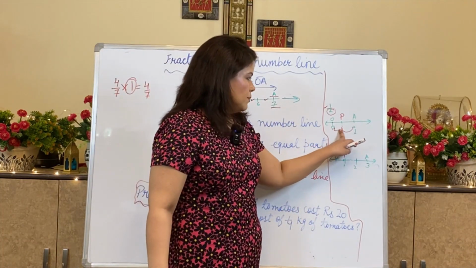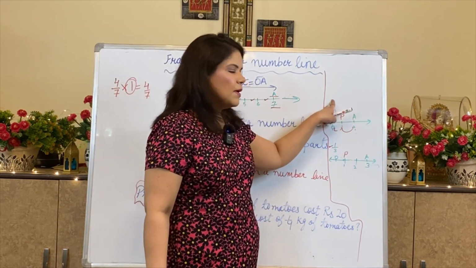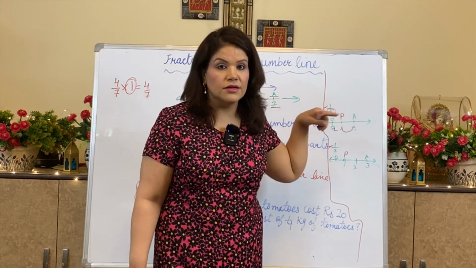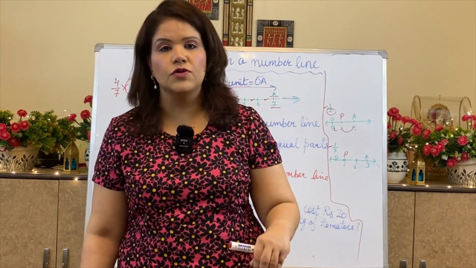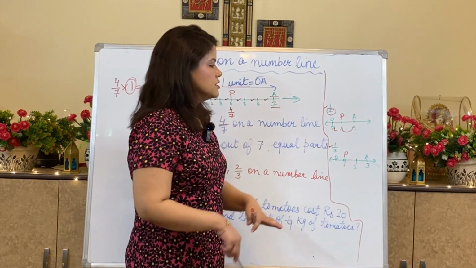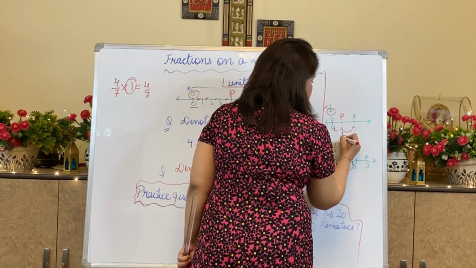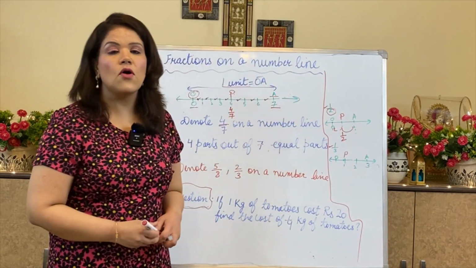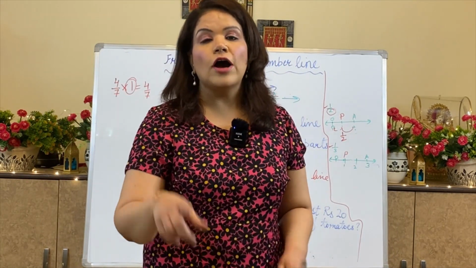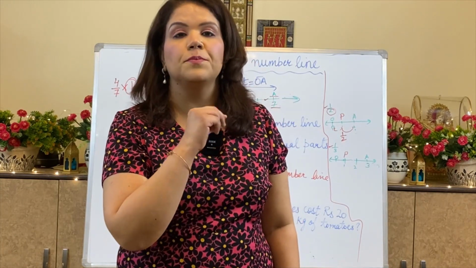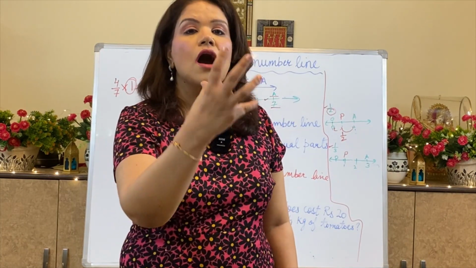So this will be 1 part, this will be 2 parts. How many parts should I take? That is in the numerator. That means I have to take 1 of the 2. So this 1 will become point P and this is going to represent half of the 1 unit length. This point P is representing half of the unit length.